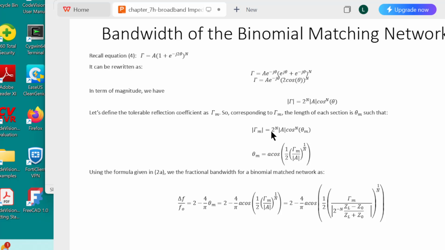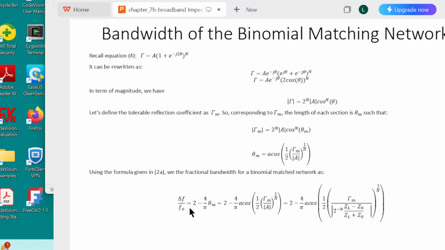We got this formula. And with a little bit of rearrangement, get the arc cosine, and then this formula. And we use the formula given in 2A for the binomial matching network.